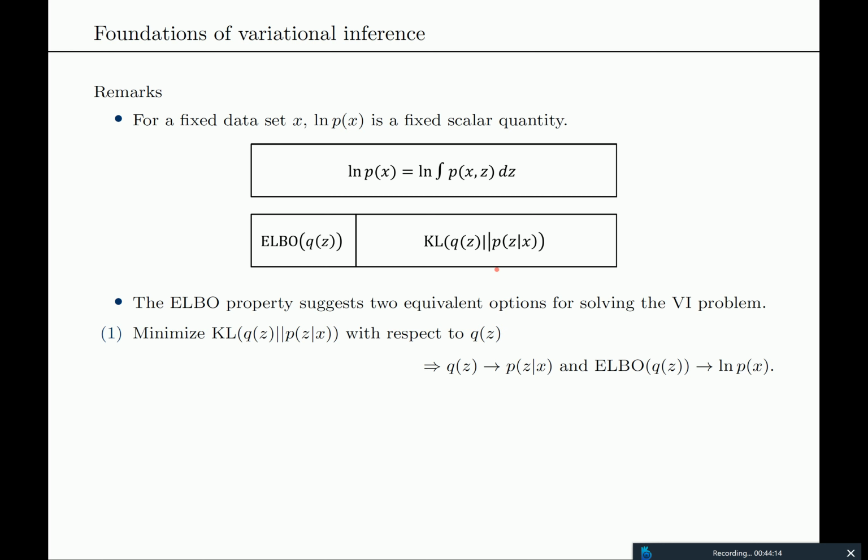If we are in a scenario where we can actually calculate the posterior distribution, like for example in conjugate cases, then for q(Z) we can just take the true posterior distribution. So we put in p(Z given X) as q(Z), then the KL divergence is 0 immediately because they are the same thing, and our ELBO is equal to the log marginal likelihood.